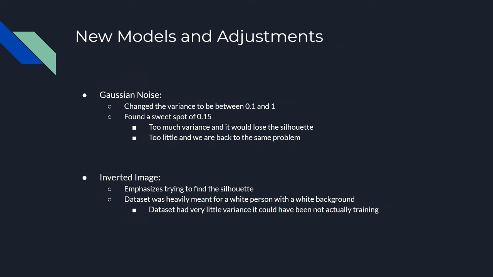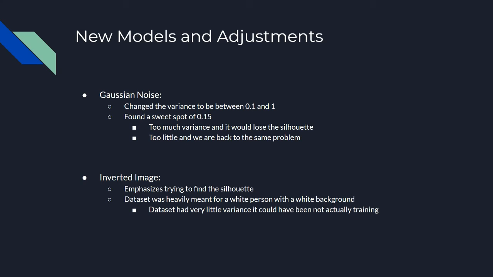If you had way too much variance, it would lose the silhouette in the image and it would just be randomly predicting. With too little variance, you have the same problem: we're still not fixing the image and training it on a harder data set.